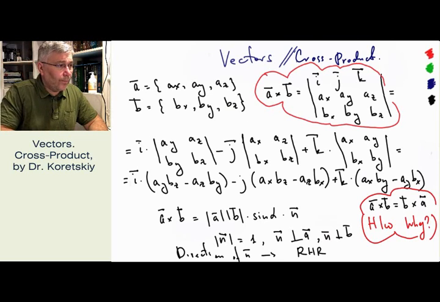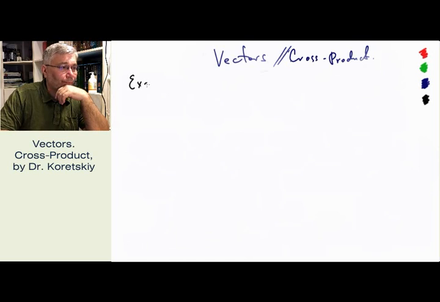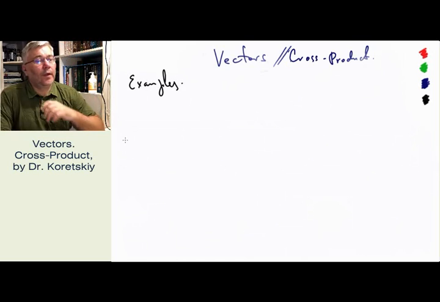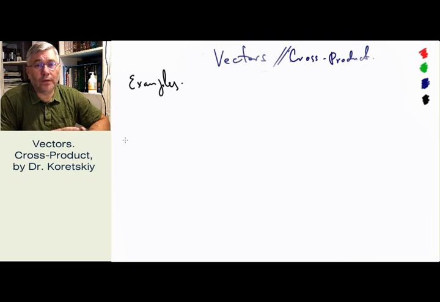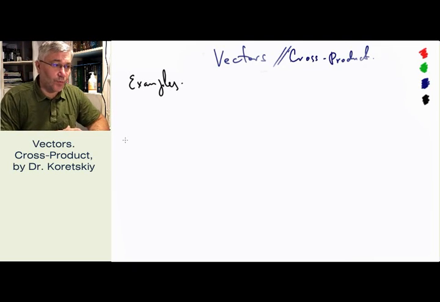Next, our work for today is about some examples. The definition has a hint at the works which can be facilitated with the cross product.